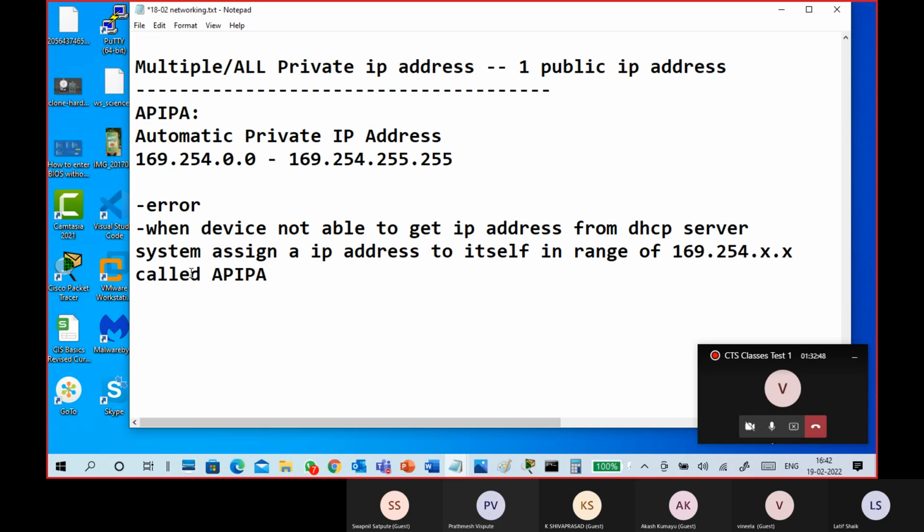It is an error. So what to do? Check the DHCP server. First troubleshoot the DHCP server.